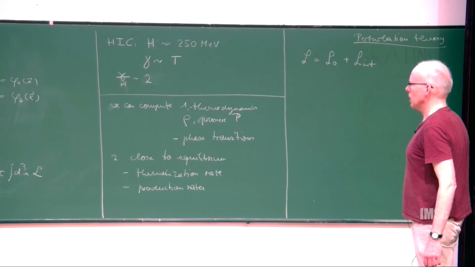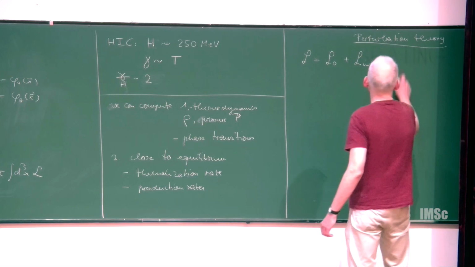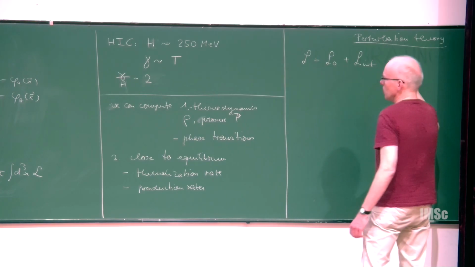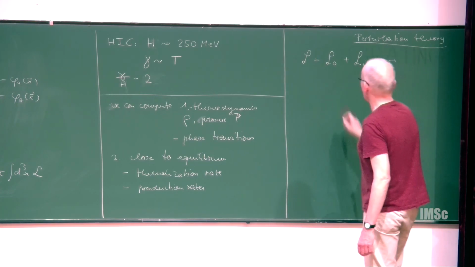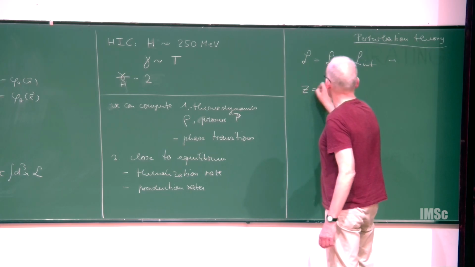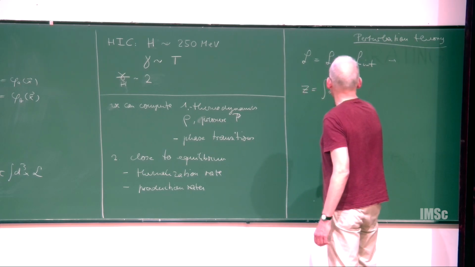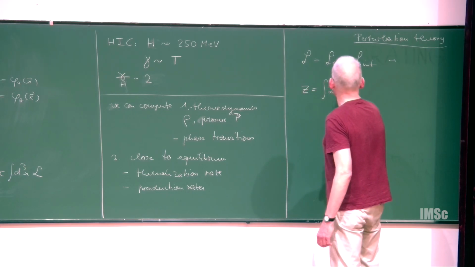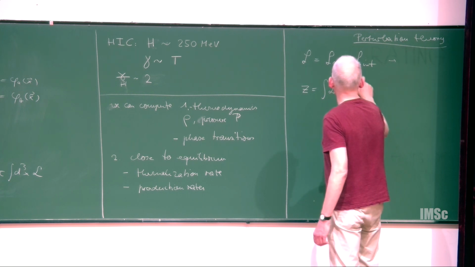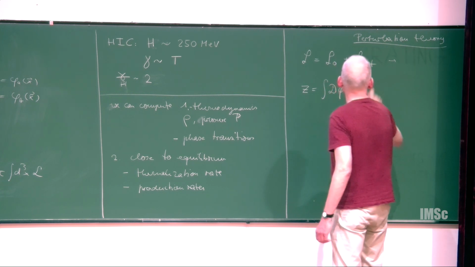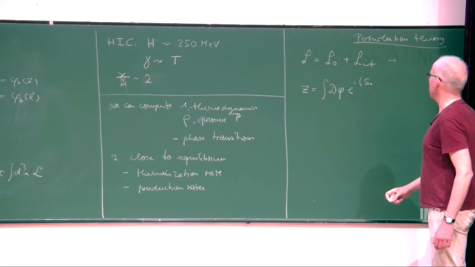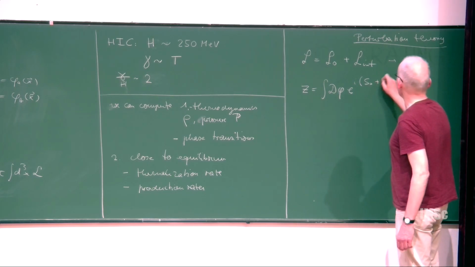Then the partition function is equal to the path integral d phi e to the iS, where S is now the action for the free fields plus the interaction part.